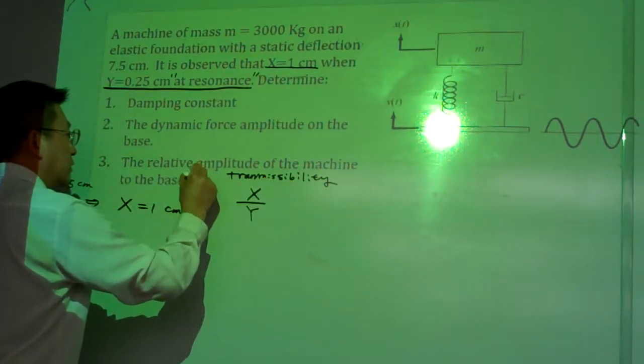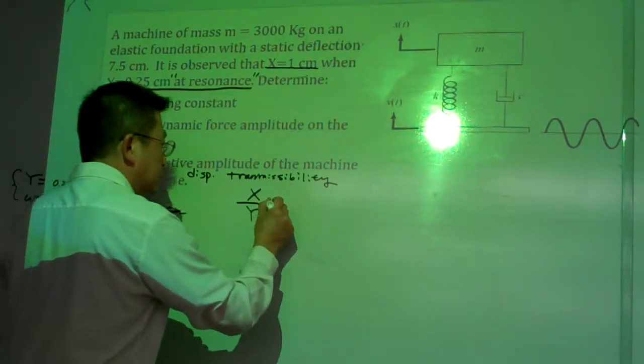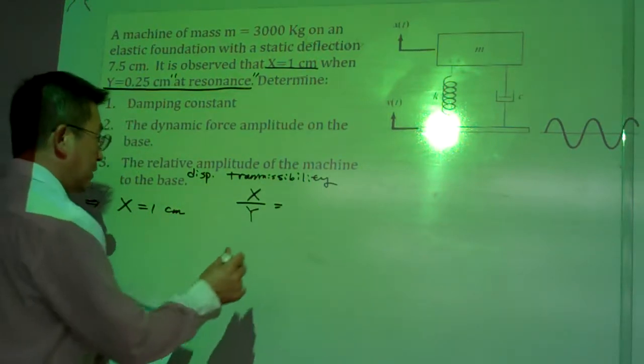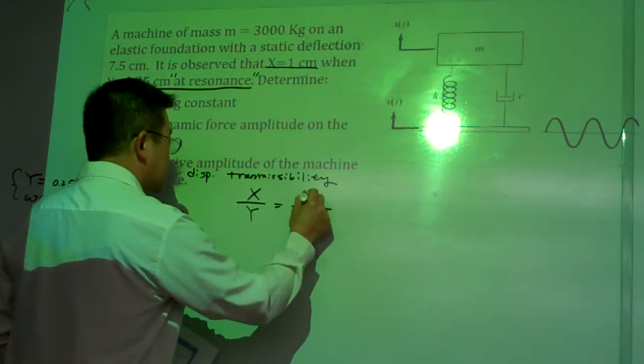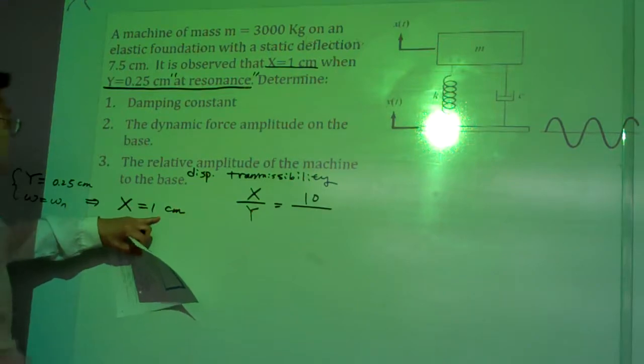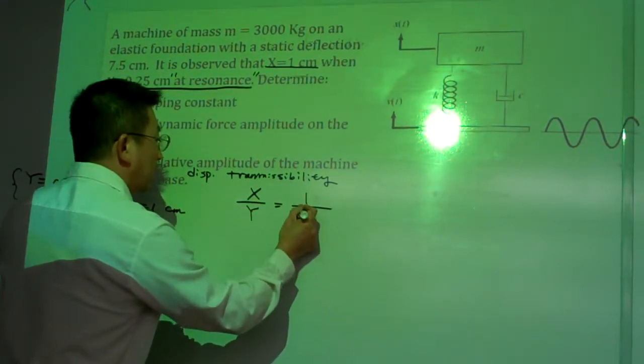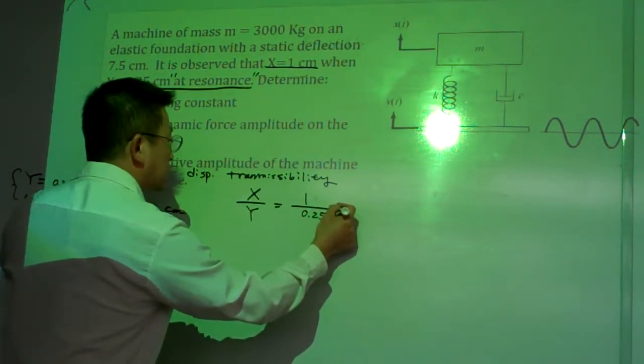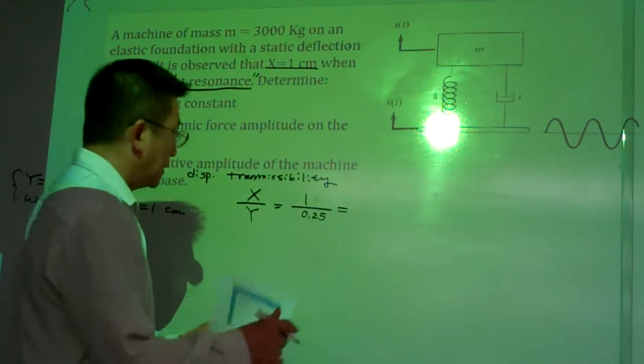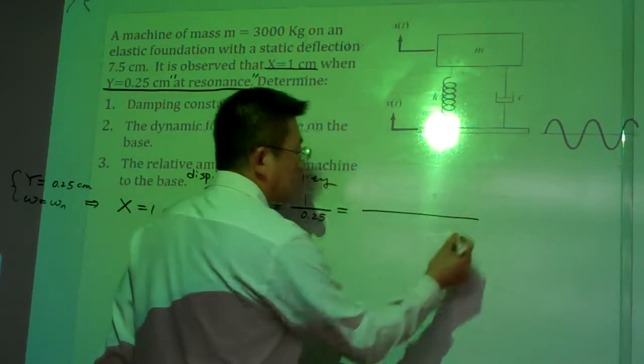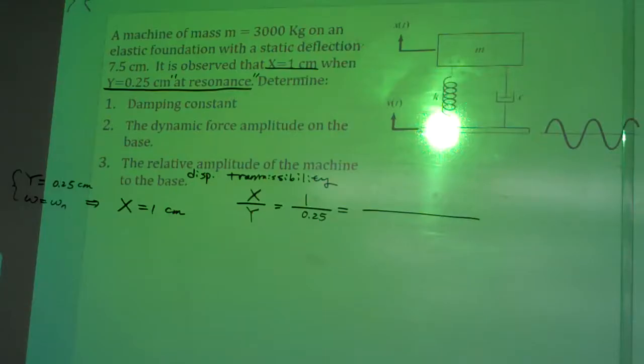Displacement transmissibility. So this one we have equal to 1 centimeter divided by 0.25 centimeters, and on the other side the equation equals, again, I forgot.